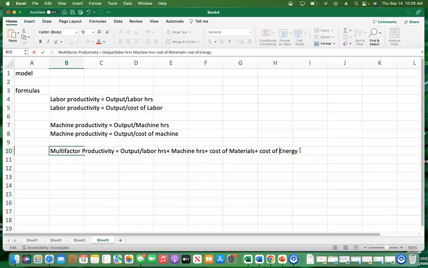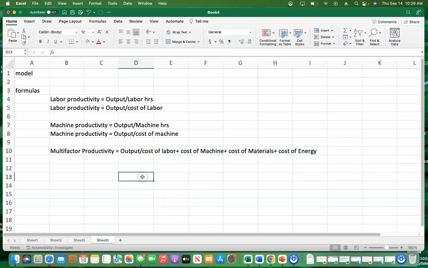We need to bring them into one scale or one unit of measurement. So in this case, we'll need to find the cost of machine, and for labor as well, we need cost of labor. In this way, we have the same unit of measurement, which is cost. And we will consider this as we build our model.